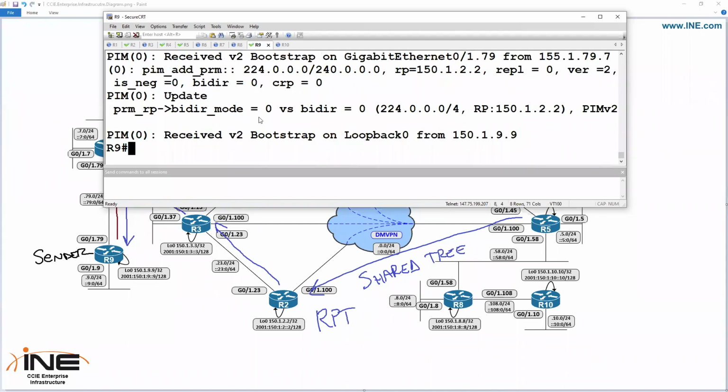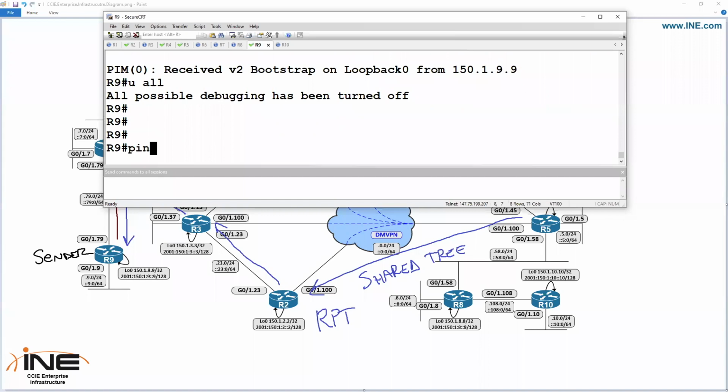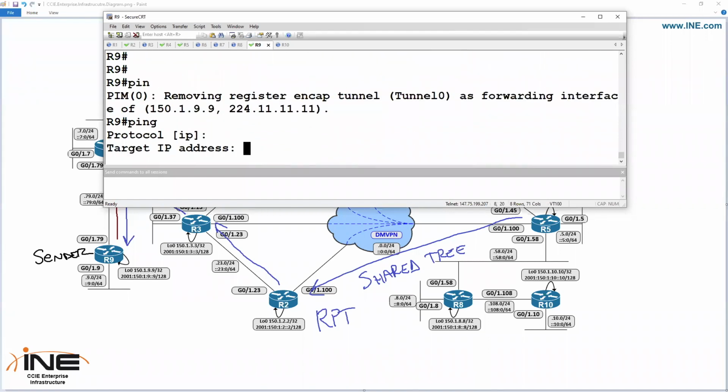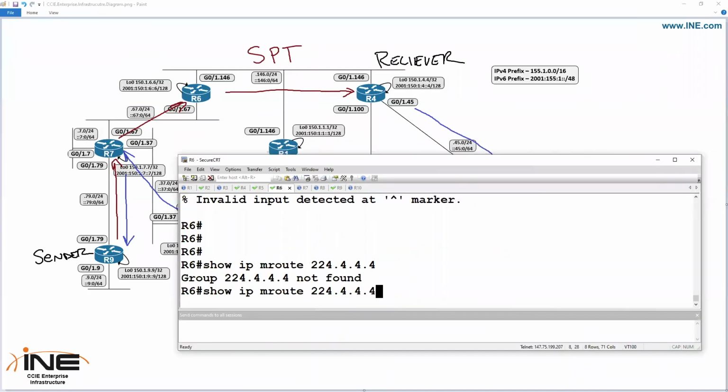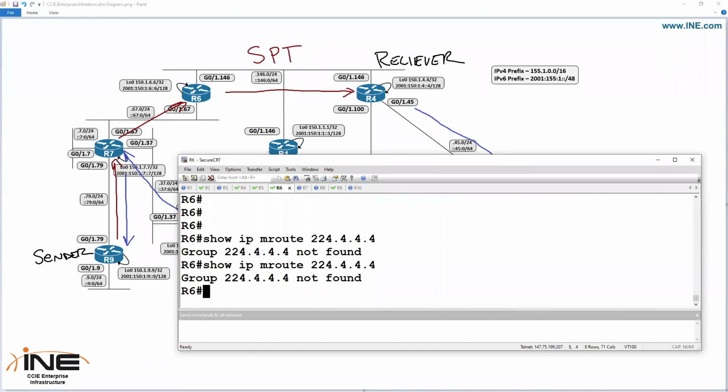Okay, so next thing we're going to do is ping from router 9. Let's ping extended to 224.4.4.4. Okay, and actually before we do this, let's look at router 6. Show ip mroute 224.4.4.4. The group is not found.